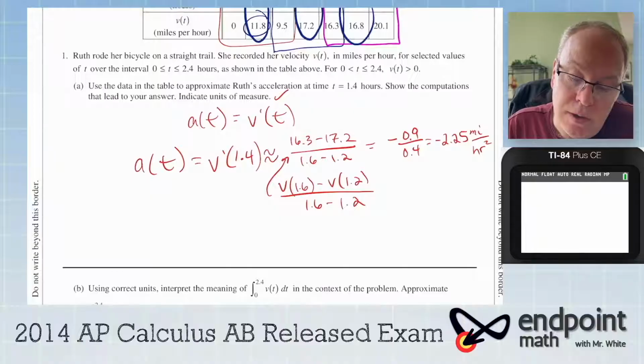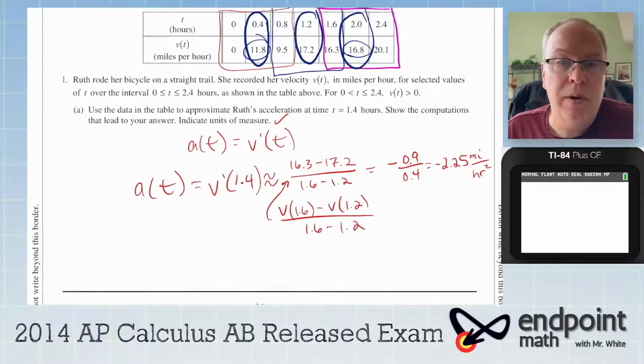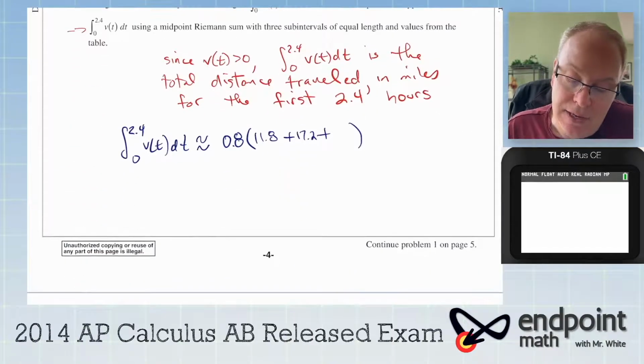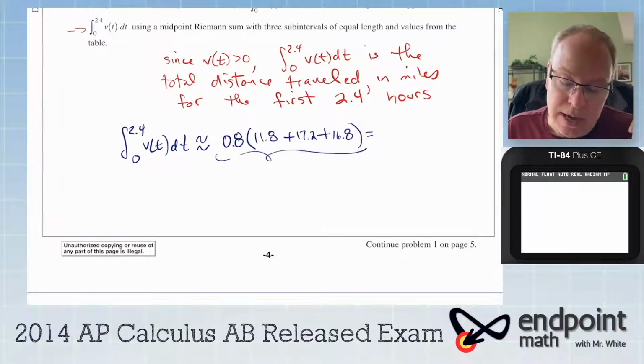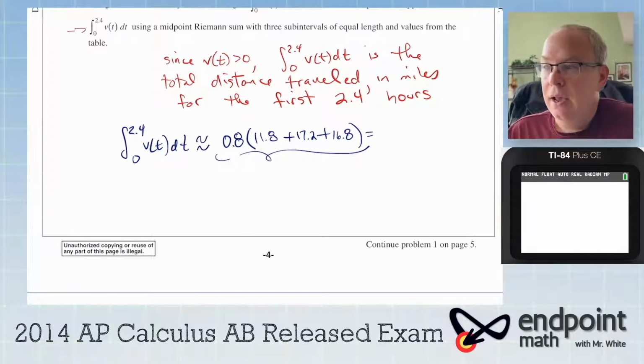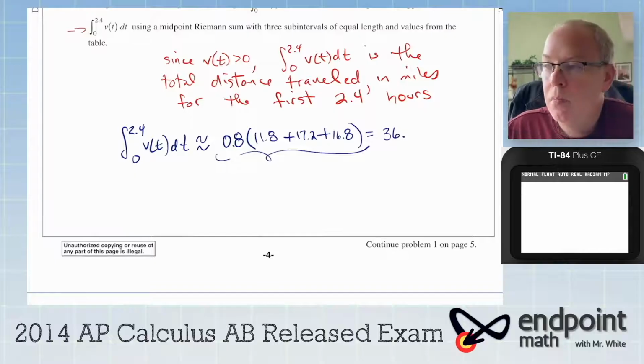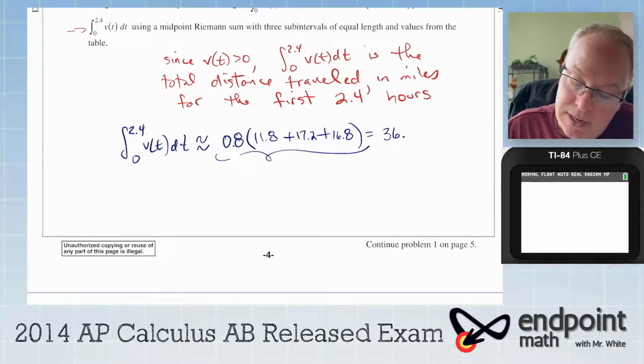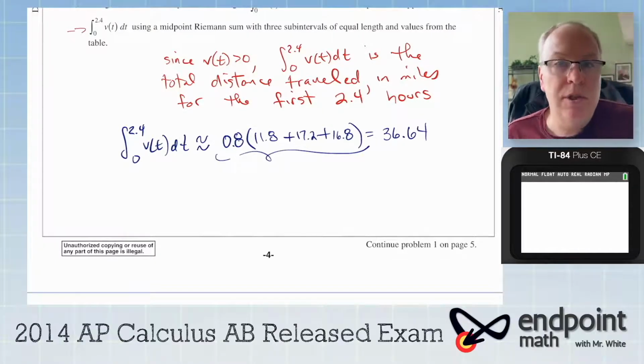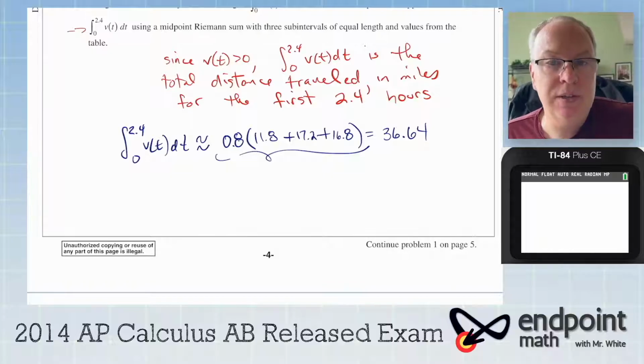That third one was right here, the 16.8. All right, and we run that through our calculator. All you have to do is type this in, and you get 36.64. All right, what would the units be on this? 36.64.